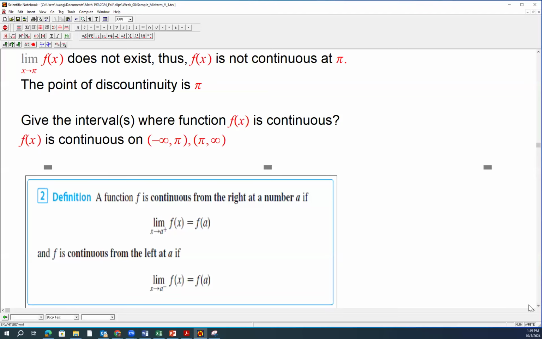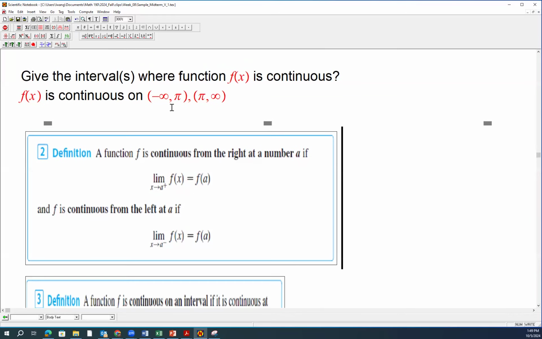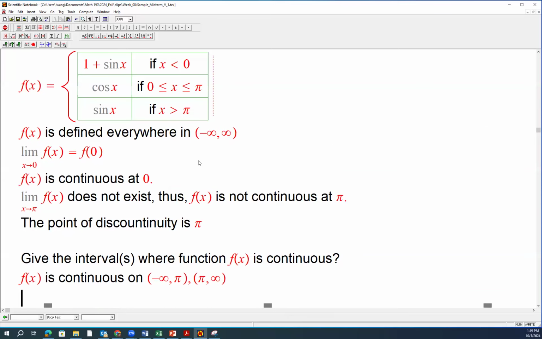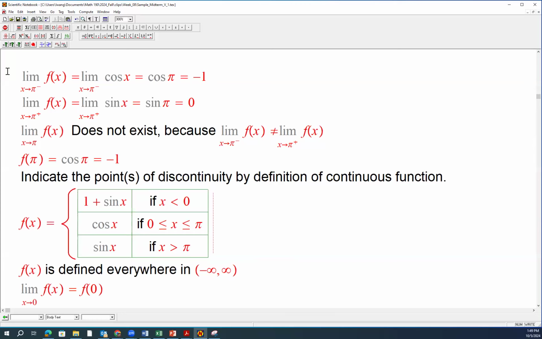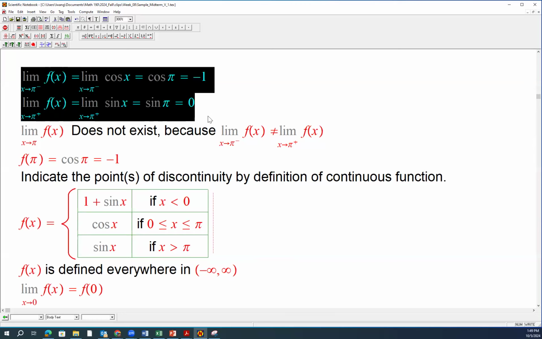So now let's look at the continuity at pi. Is it left continuity, right continuity? So we get to apply this definition. So at pi is the only questionable point, right? So what do we have? At pi, we know there's no continuity.